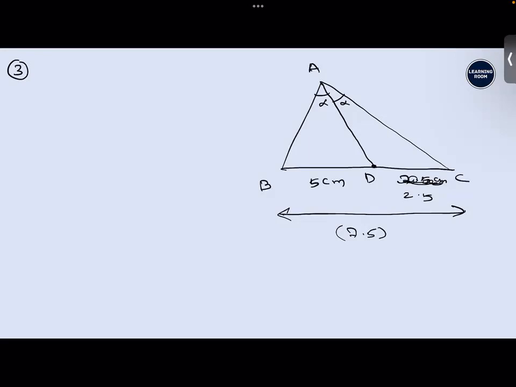So how to solve this? Let's start with this problem. I'll start trigonometry mostly.